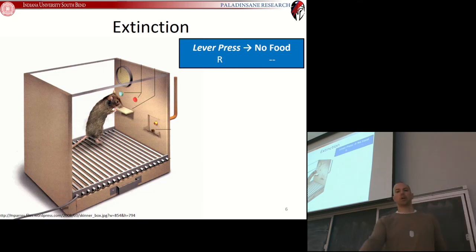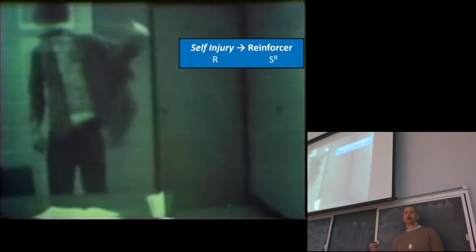So in today's video, we're going to see the same analogous situation. We're going to see first an analysis that the therapist did that identified the fact that Harry was being reinforced for his self-injurious behavior.